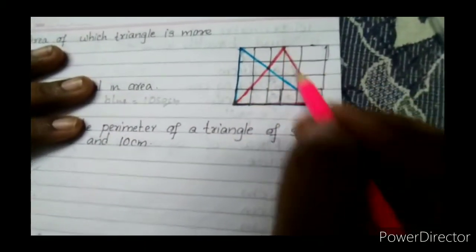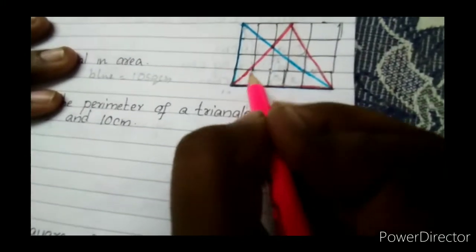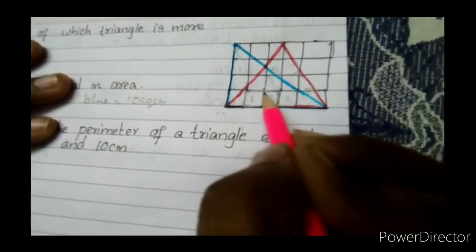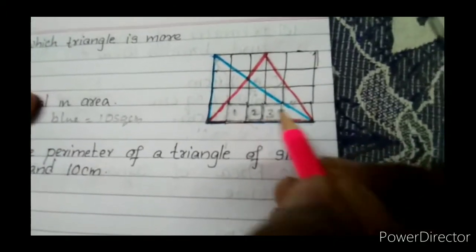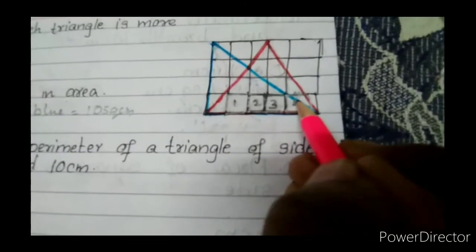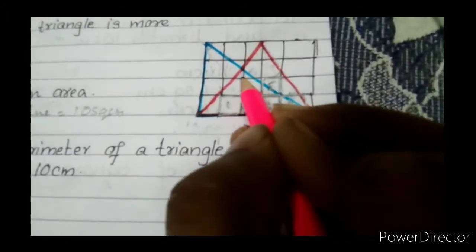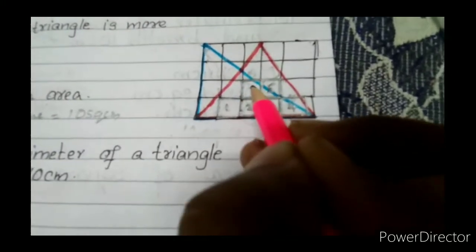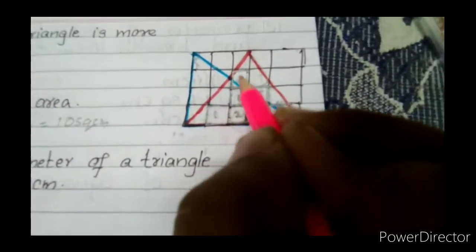Area of red. This is one full square. 1, 2, 3, 4, 5 full squares, 6, 7.